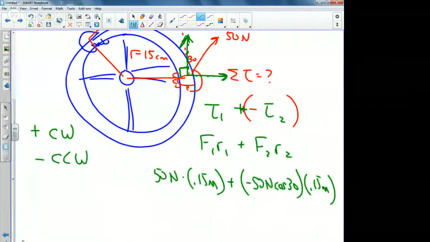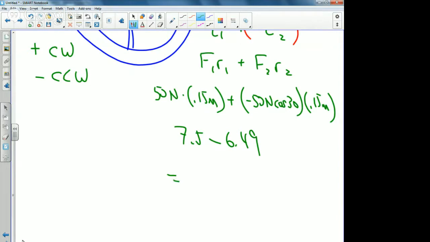The component we care about is the component that's perpendicular to the radius. So we end up with 7.5 minus, let's see, what was it? 6.49. So we end up with about 1 newton meter clockwise.